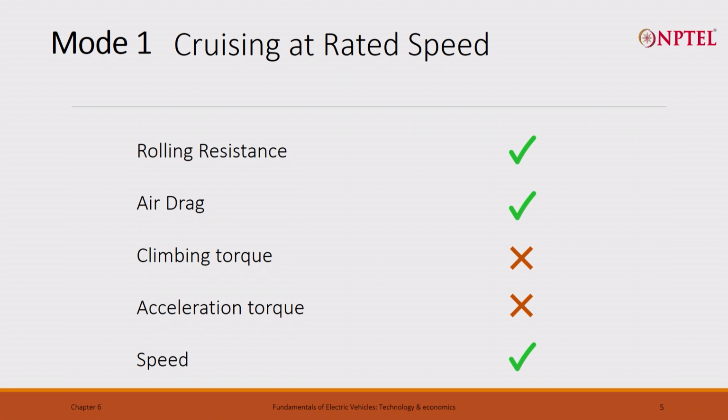And I am going on level ground, so there is no climbing torque required. I am going at a steady speed, cruising, so there is no acceleration torque required. So the total torque that is required is the sum of the rolling resistance and the air drag, and this torque should be delivered at a reasonable speed because I am going at a rated speed.